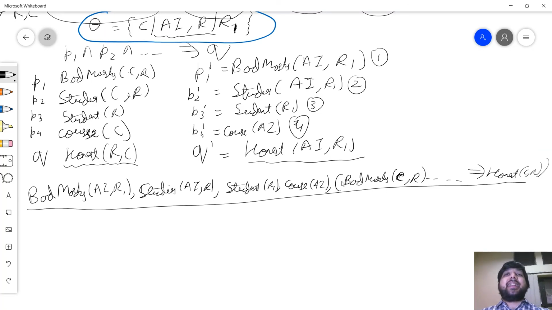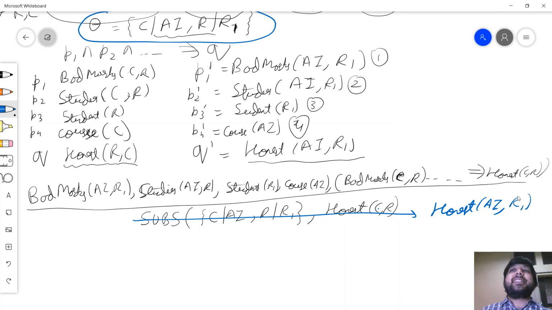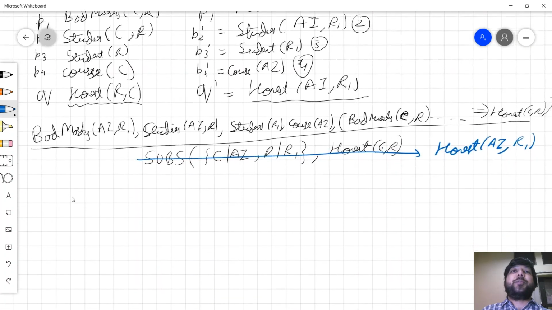Given this, I can make the specific substitutions noted here, and I can get the consequent, which will be the substitution C by AI, which is what I use to get all the premises, R as R1, on my consequent, which is honest C comma R. So this indirectly will give me, if I apply C is equal to AI and R is equal to R1, this is what is the generalized modus ponens.